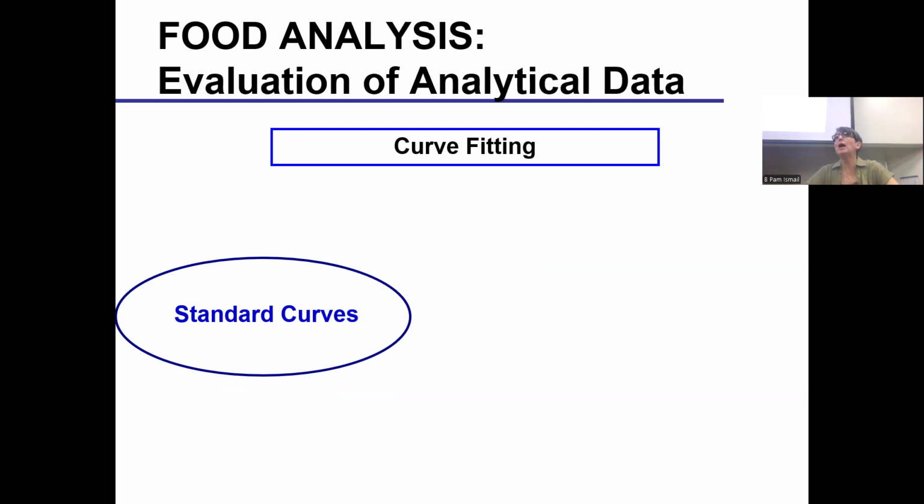So basically, when you have a sample and you're after determining a certain constituent, and you're using absorption or fluorescence or any other measurement as means of detection, we'll talk a lot about means of detection, you need to have something that relates to the concentration because you're looking to find the concentration of a specific constituent. So in order to find the concentration of specific constituents, you prepare standards.